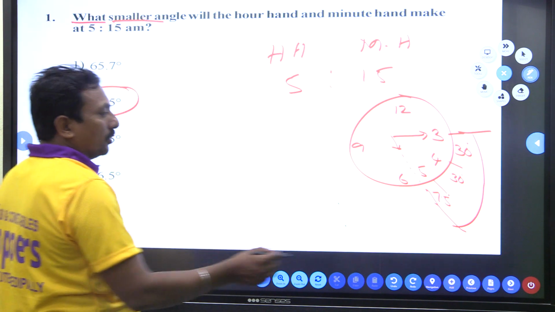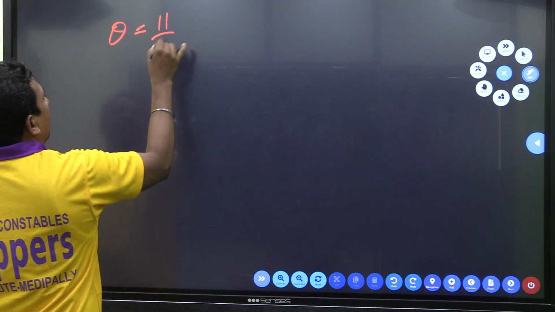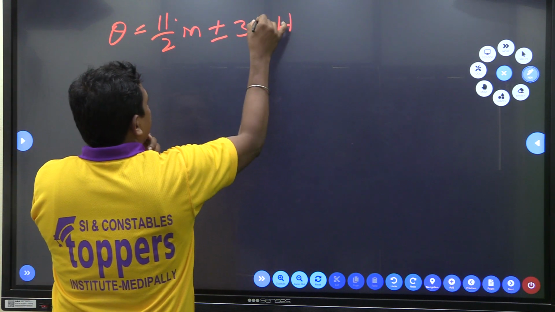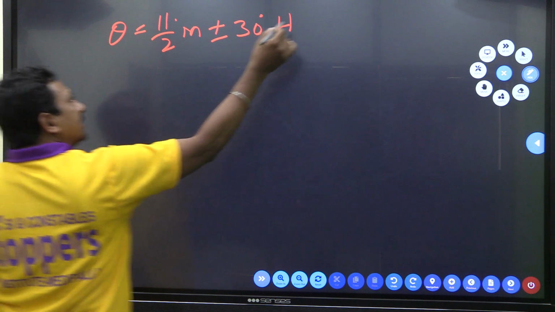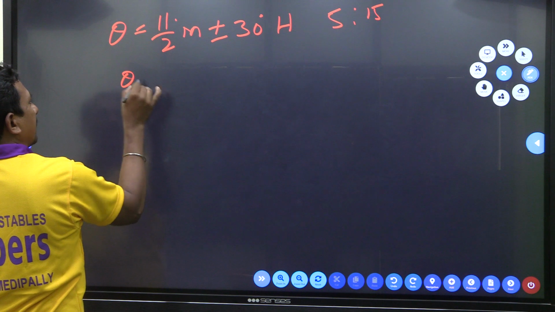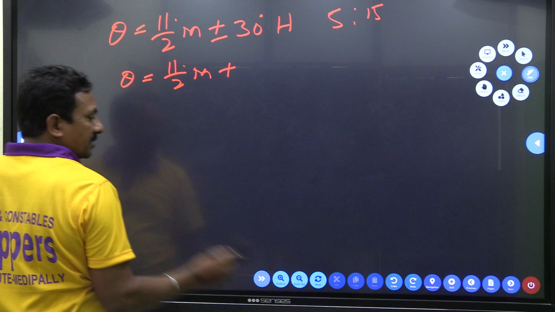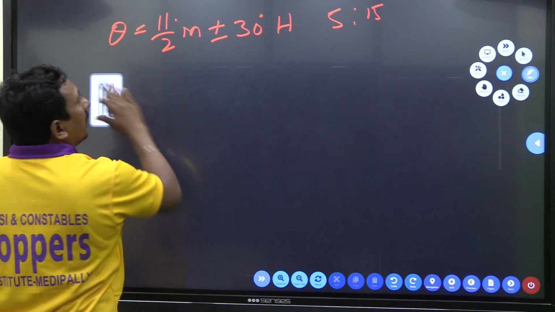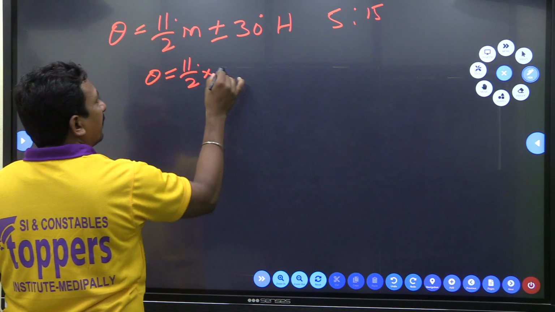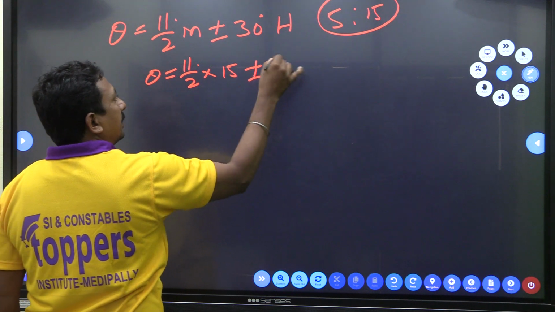And I already told the method also. That method is: theta is equal to 11 by 2 degrees M plus or minus 30 degrees H. The time given is 5 hours 15 minutes. Please substitute: theta is equal to 11 by 2 into M, where M is 15 minutes, and the hours part is 30 into 5.